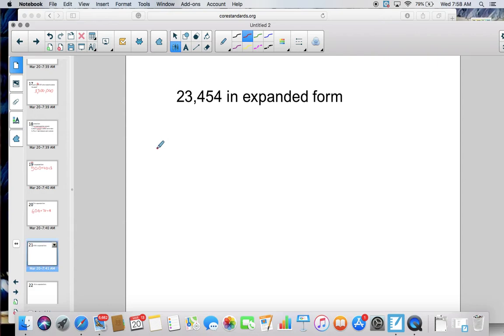Welcome back. This one, the 2, is in the 10,000s, so it's 20,000. A little trick is, notice that there's 1, 2, 3, 4 spaces after that numeral. So in expanded form, there's 4 zeros. Plus 3, and notice 1, 2, 3.